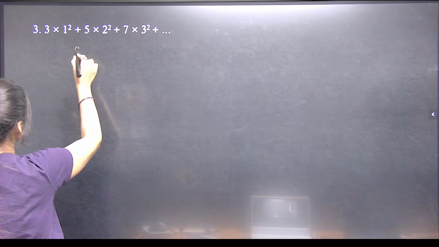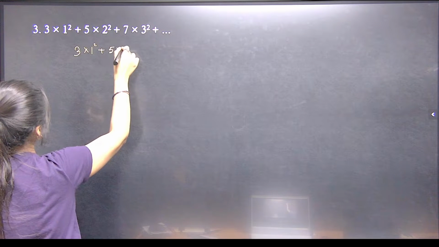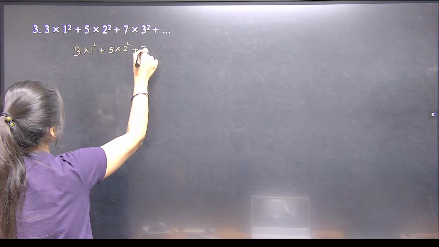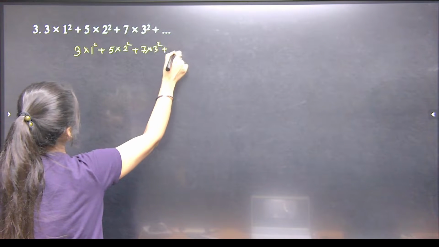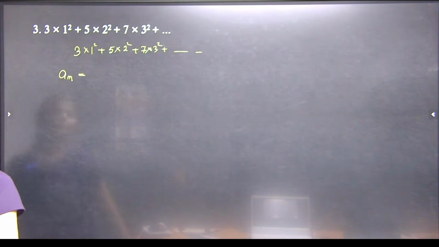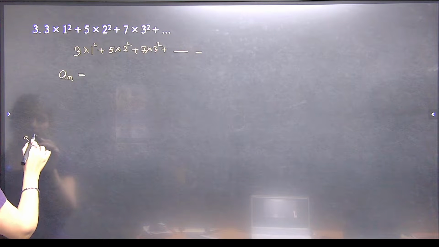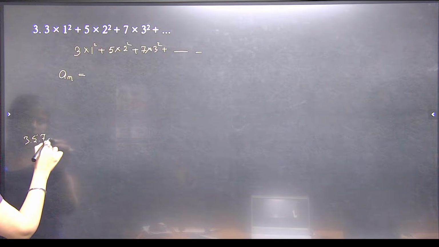Now in this question what we see, we have 3 into 1 square, 5 into 2 square, 7 into 3 square, and so on. So we have 3, 5, 7, and so on.